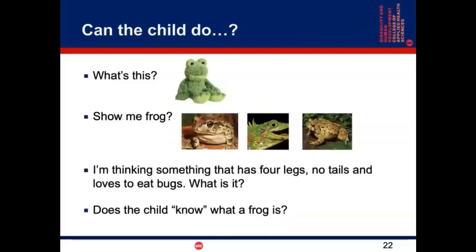But the challenge becomes, after that initial training, is it possible that all you've learned now is to label flashcards, or we could use real objects as well, or do you have a greater understanding of frogness than just that picture?